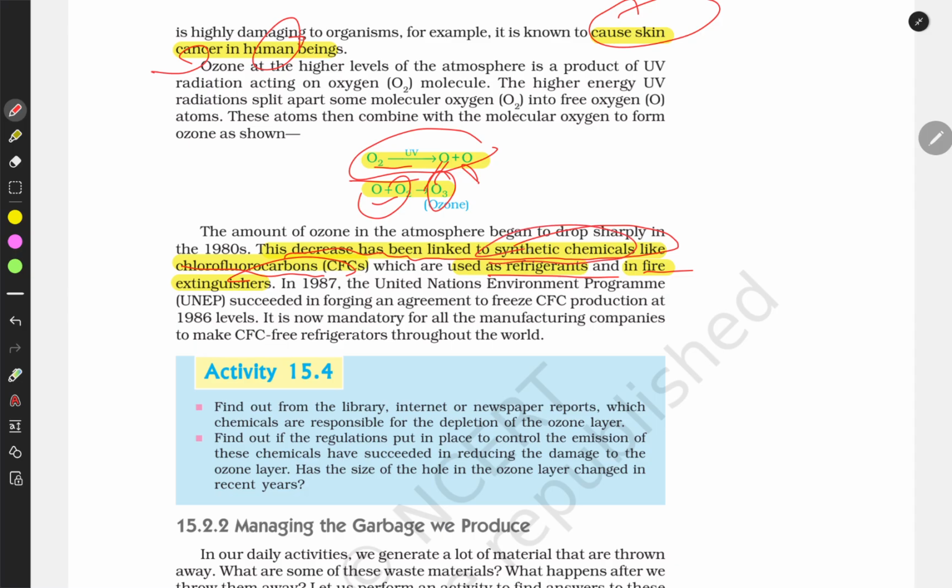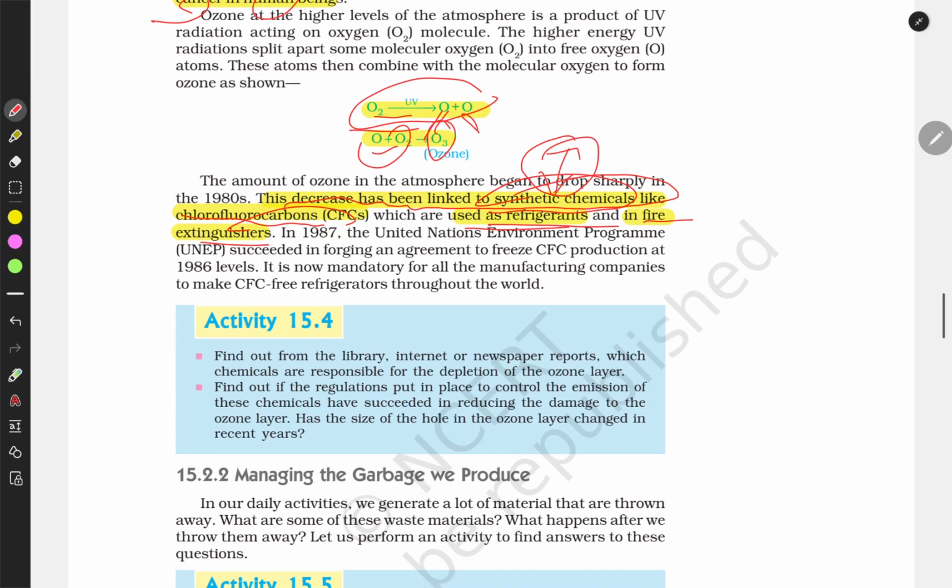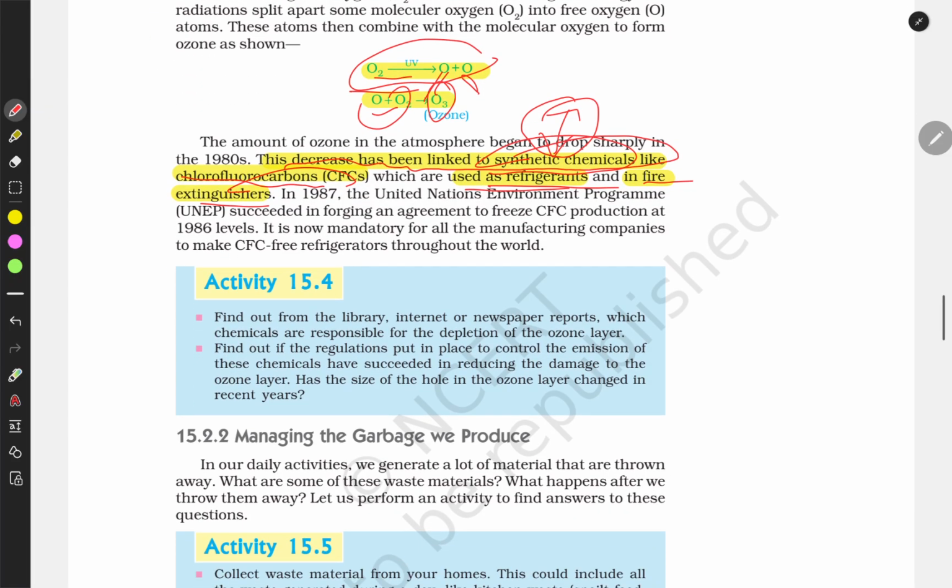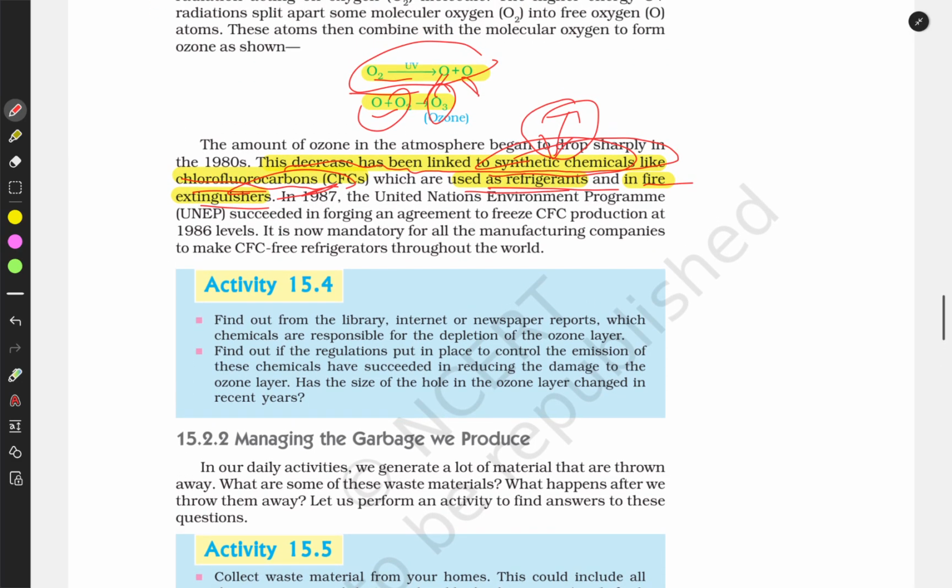These are synthetic chemicals, not naturally occurring, synthesized by humans, and used in refrigerators and fire extinguishers. When we banned these chlorofluorocarbons, CFCs, and other ozone depleting molecules, we saw that the ozone layer is slowly recovering.